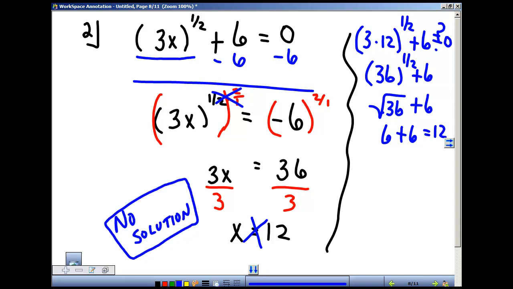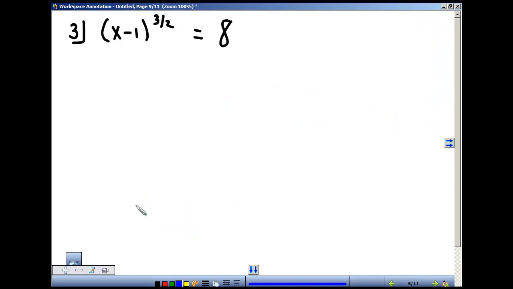Example 3. X minus 1 raised to the 3/2 power is equal to 8. We first need to isolate the term containing the rational exponent. It is already isolated. So now we raise both sides to the reciprocal power.